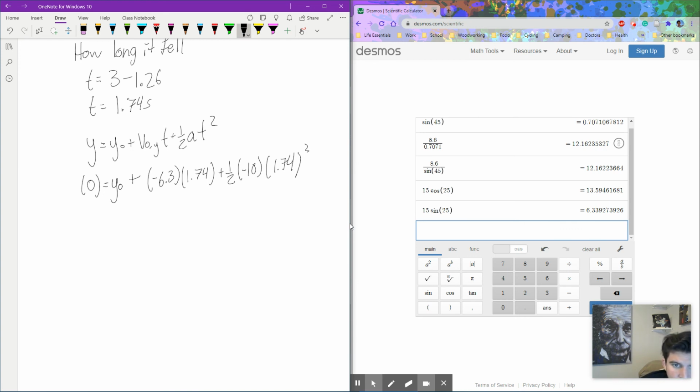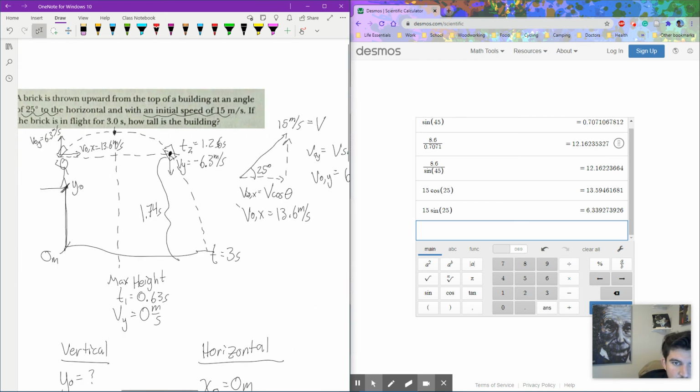And if you solve this, you get that the initial position was 26.2 meters. And so what this number is telling us was that the block, or the brick, was at a height of 26.2 meters when it was right here. That corresponds to what we are calling the height of our building.